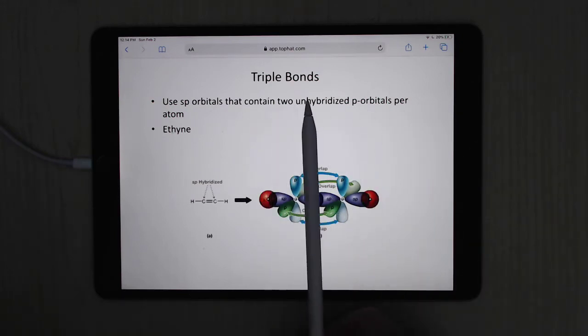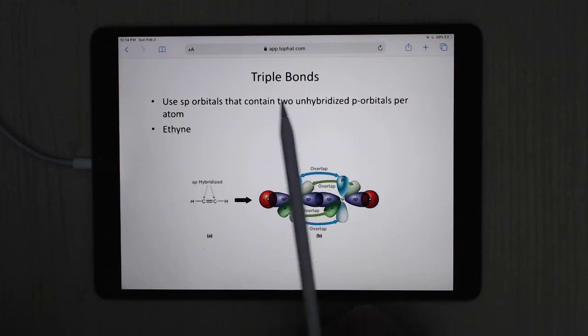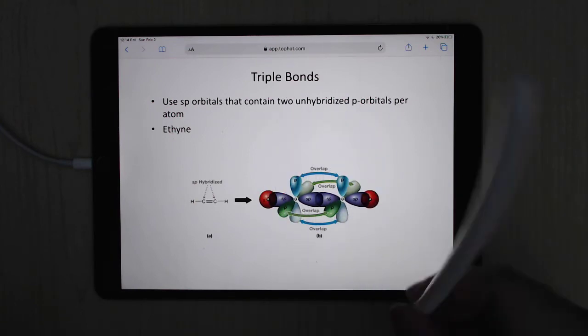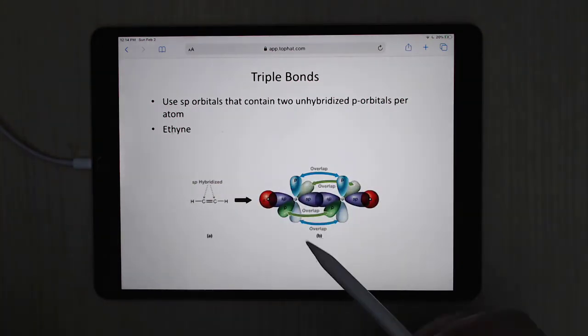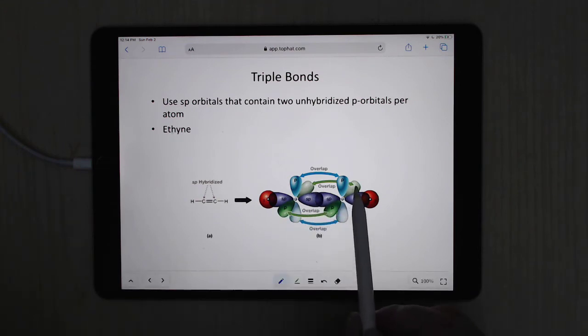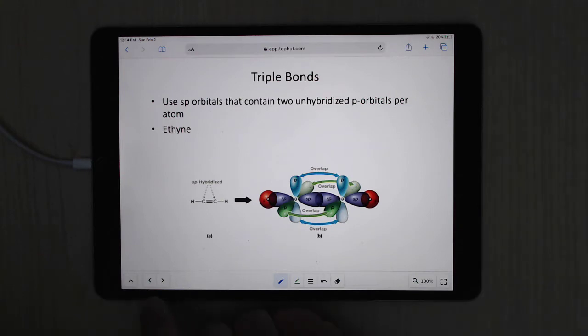The blue ones are going to be in the plane like this and overlap, and the green ones are going to be coming out at you along the z-axis. This one will interact with this one, and that one with that one, making a second pi bond. So you get a sigma and pi bonds, and it works the same as with a single double bond.